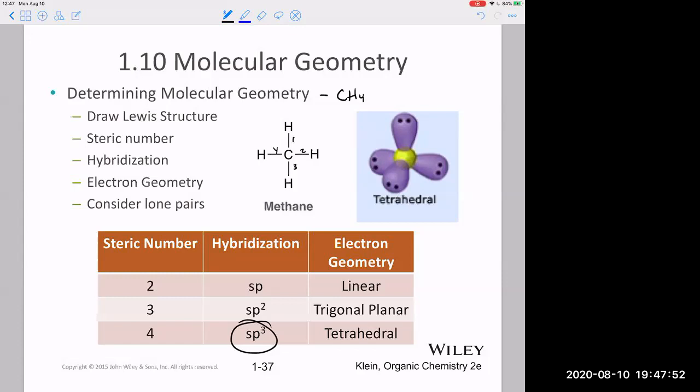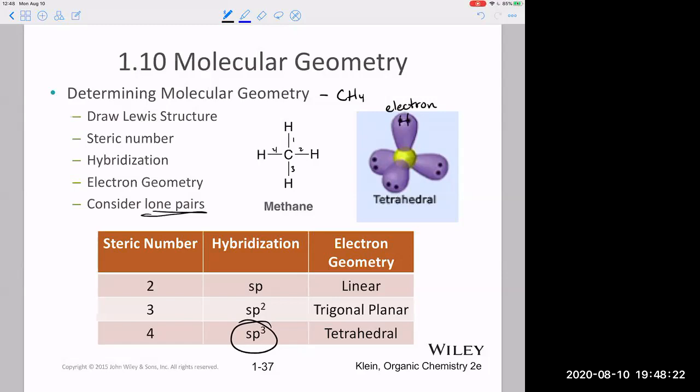Then the last step for determining the molecular geometry is to consider if any of those orbitals are actually occupied by lone pairs. In this case, they aren't. So for methane, all 4 of those orbitals are bonds.